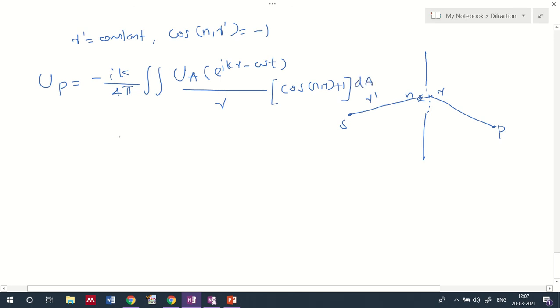Here UA is equal to U0 e raised to ikr dash by r dash.